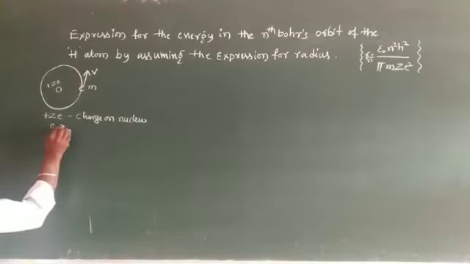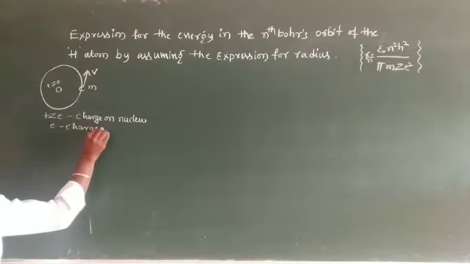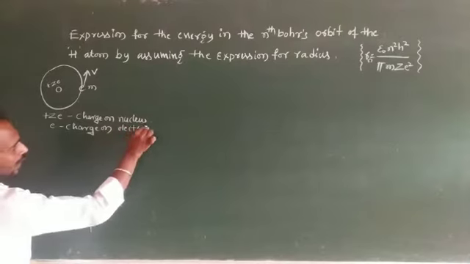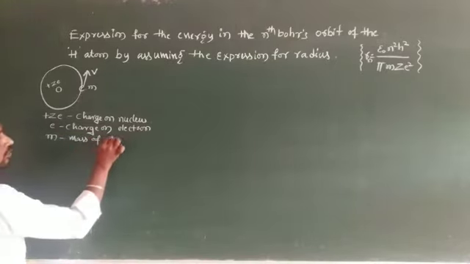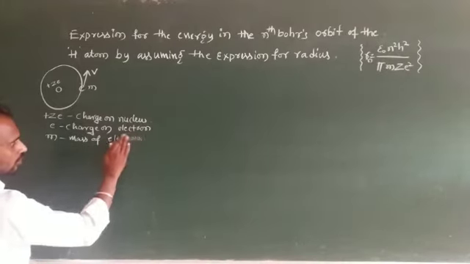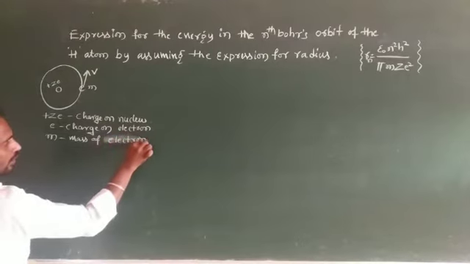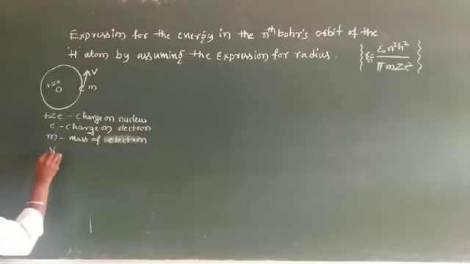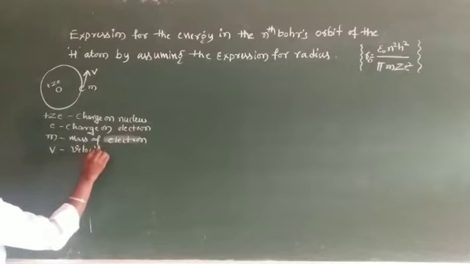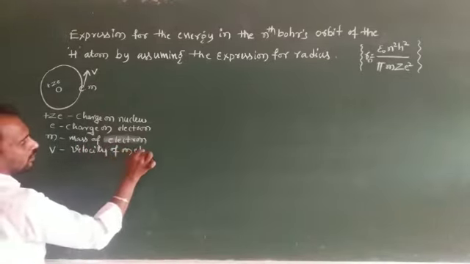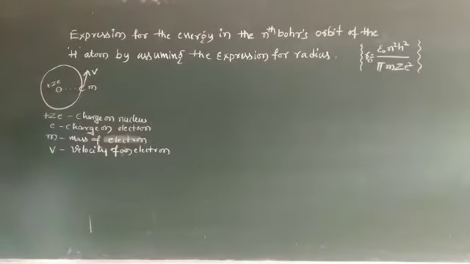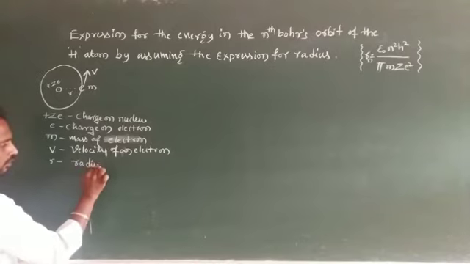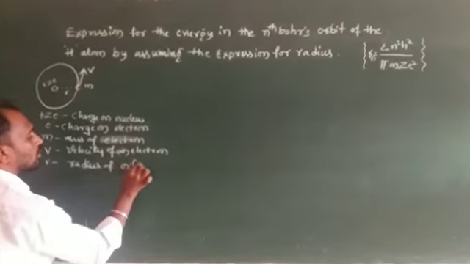E is the charge on the electron, m is the mass of the electron, and v is the velocity of the electron. Here r is the radius of the orbit.